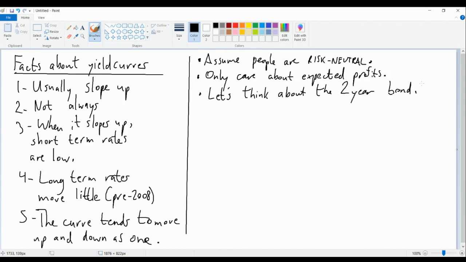Now, what happens with a long-term bond? Let's ask the following question. If I borrow for 2 years, then for each dollar that I get, how much do I have to pay in 2 years?